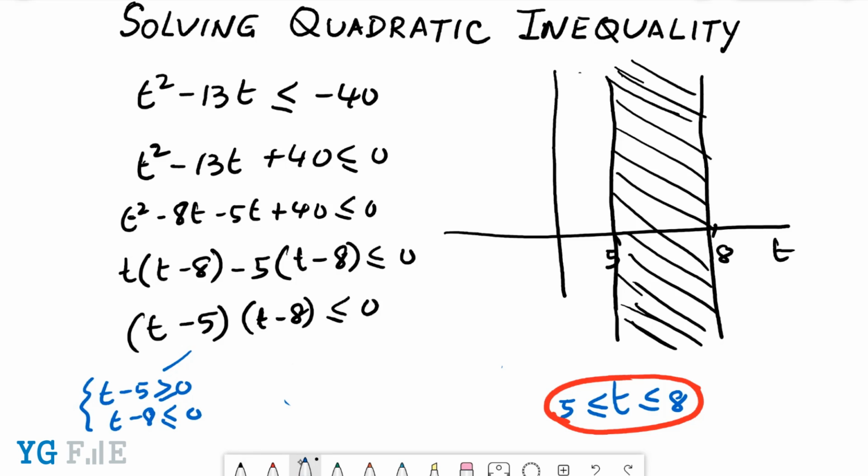We first try to factor it, then convert it into a pair of factors, and then we see what is being asked. If it is greater than 0, then the product of factors should be positive. And if it is asking for less than 0, the product of factors should be negative, and therefore we take the pair of inequalities that result from the factors.